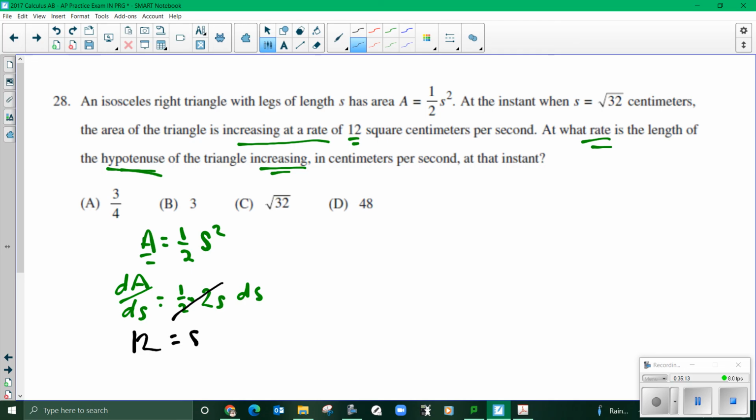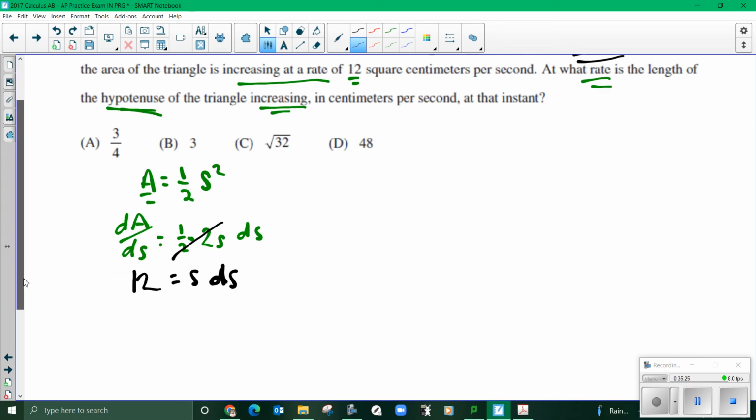That equals s ds. They want this at the moment s is the square root of 32, so I'm going to substitute the square root of 32 in for s. So 12 equals the square root of 32 times ds. To find ds, the rate of change of the side, just divide by the square root of 32.